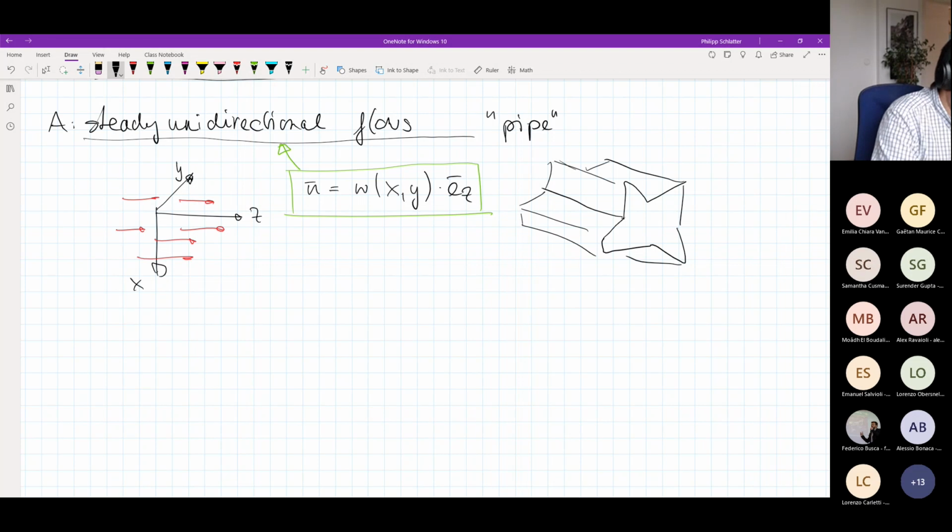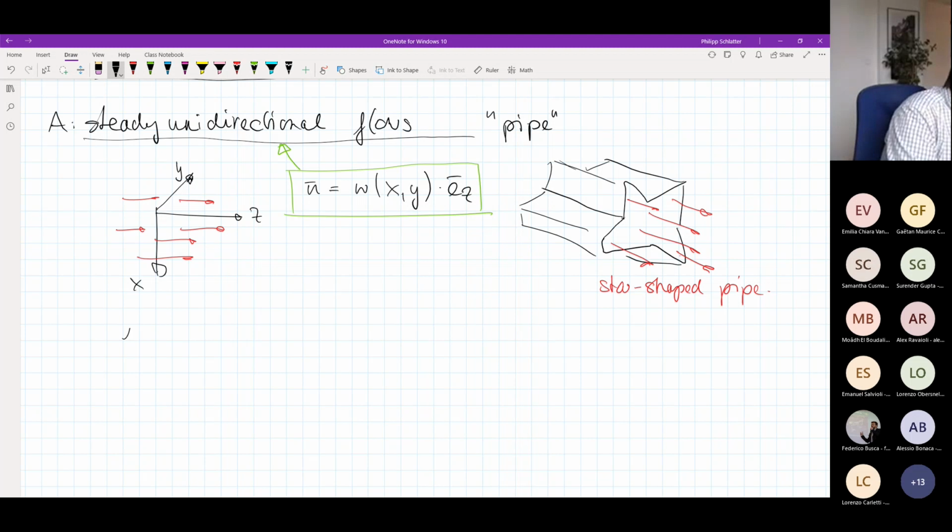So this would be a perfectly valid geometry in which I have unidirectional flow, and the flow would just come out of this star-shaped pipe. So the goal for now is to calculate the flow field inside such a geometry.